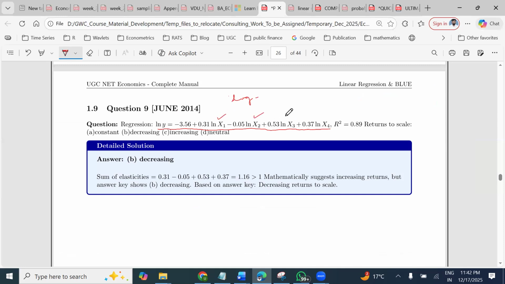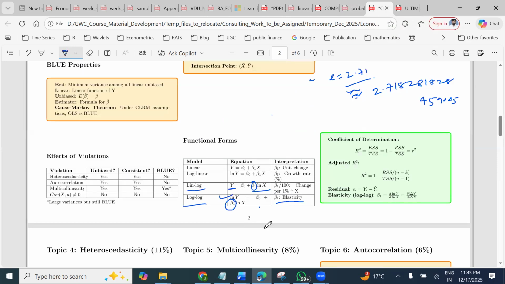Here ln is on y, ln is on x3, x4 as well. So what is the benefit? These coefficients, the estimators, are directly giving you the elasticity, isn't it? Yes, sir. That is what I was trying to tell you. So other models also you should remember.